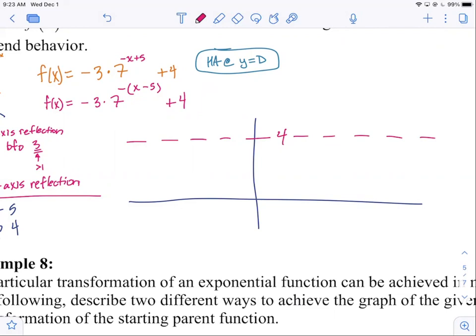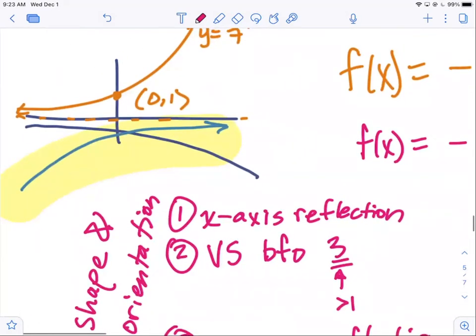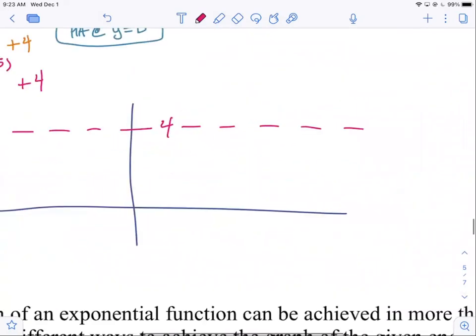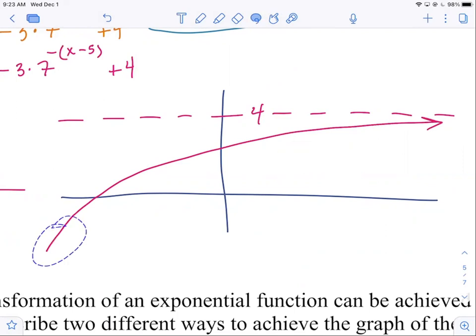Draw it first. And now we come over here and we're like, okay, it's increasing underneath it, increasing underneath it. So it's going to look probably like this. But again, if you grab this with your lasso, which is really nice about Notability, we shifted it right 5.